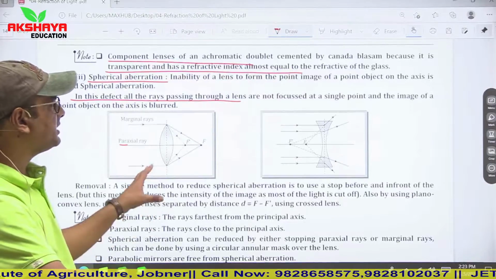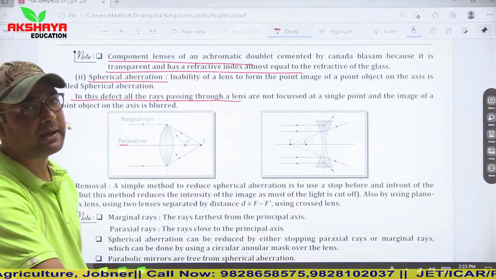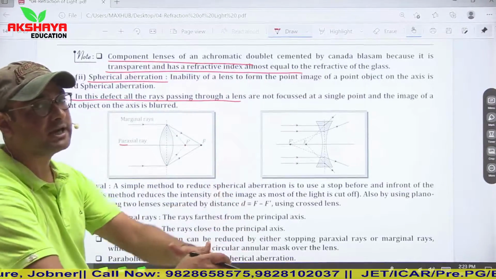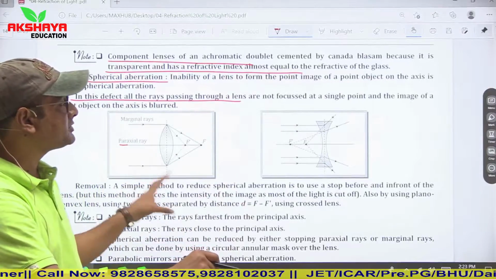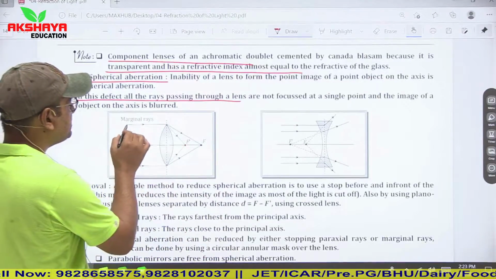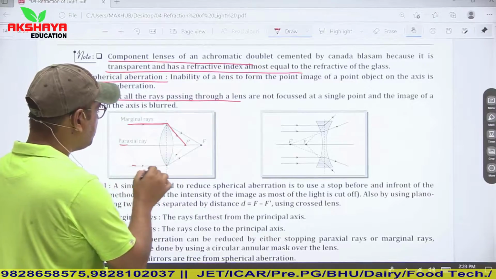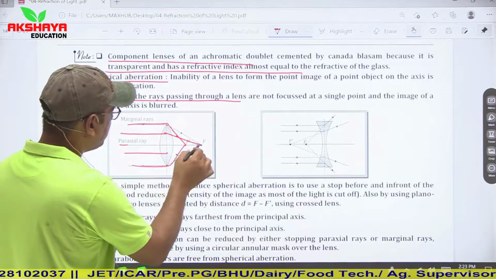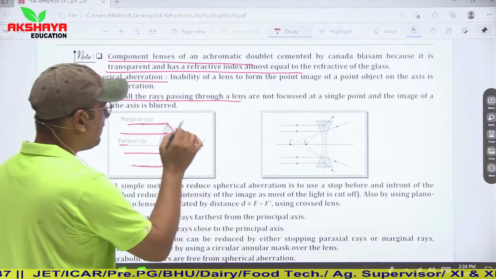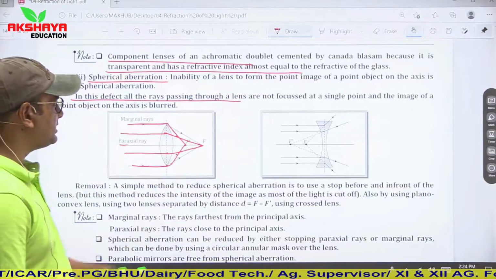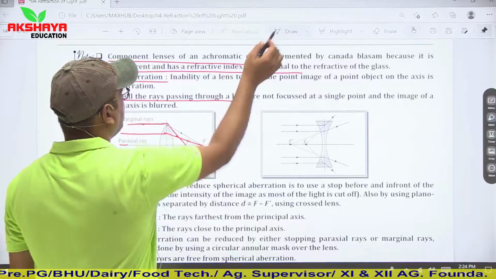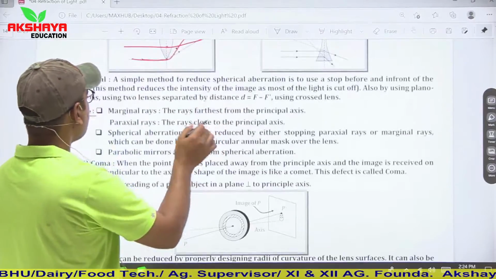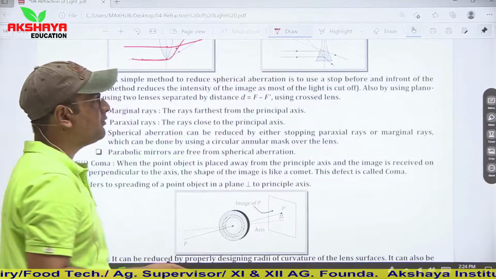So these light rays which come parallel to the principal axis are not placed at a particular fixed point. Marginal rays focus at a point just before, and paraxial rays focus at a point far away from it. So this is the general concept of spherical aberration.